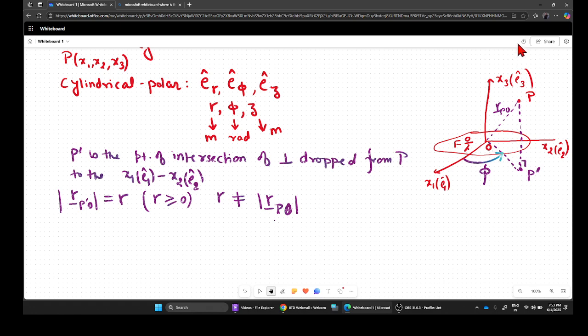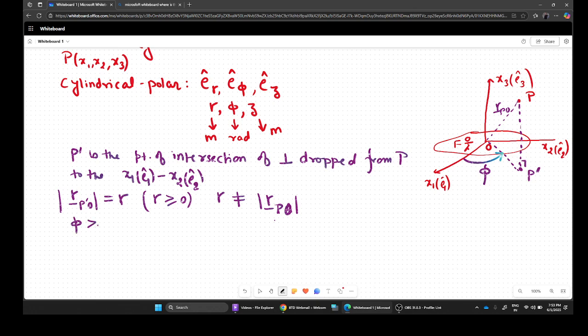So if you consider your right hand, and you curl all your 4 fingers towards your palm, then the direction of the thumb will be along E3. So the direction of phi is the direction of the 4 fingers of your right hand, such that the thumb points in the E3 direction. This is what the definition of phi is.